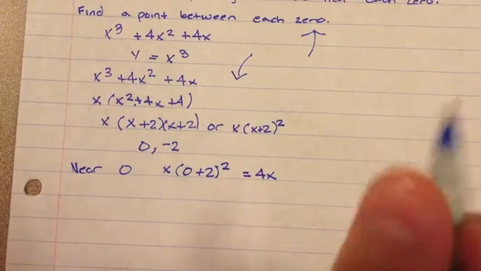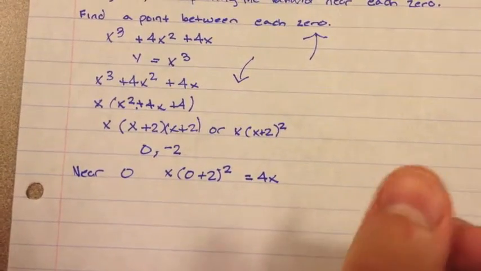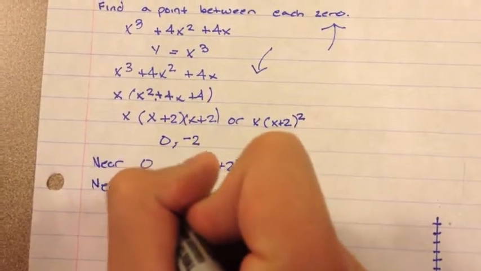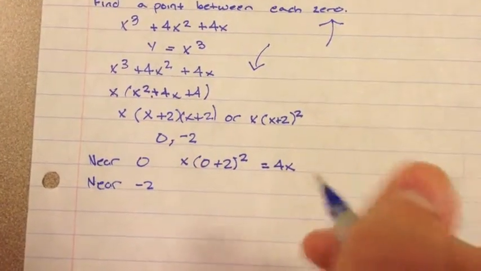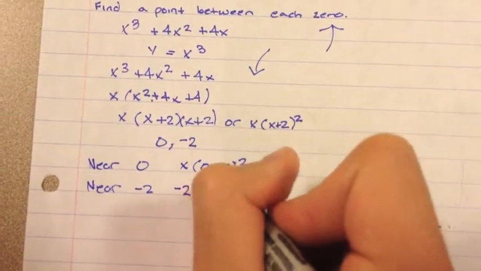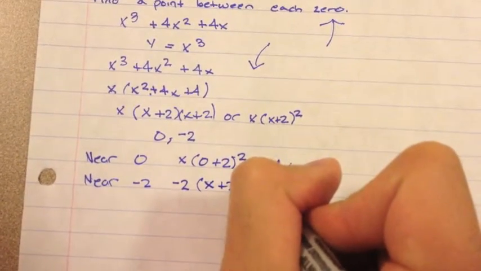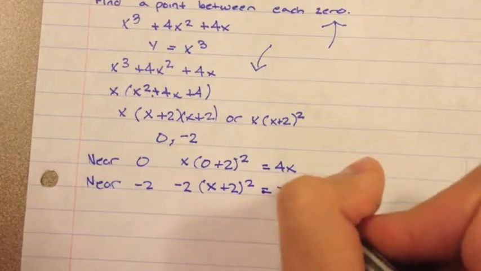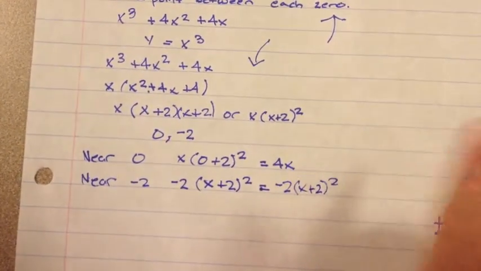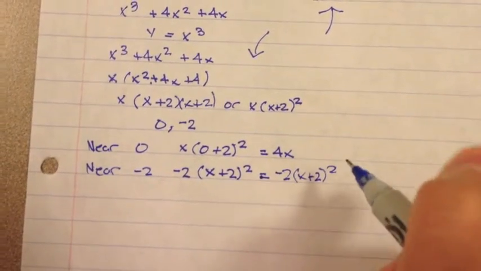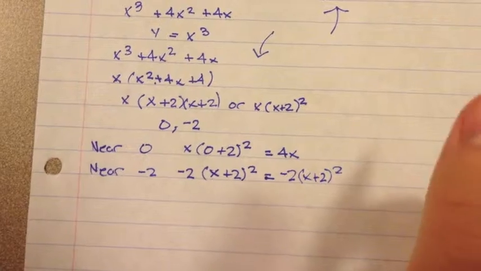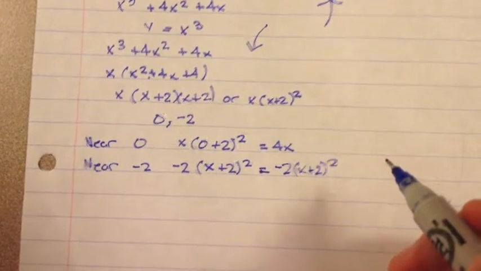So the line will cross with the slope of 4x, and then near negative 2, again you're going to plug that into the same equation, and then you will get negative 2 times (x plus 2) squared. And since it has an even multiplicity, we know that the parabola will touch the graph.